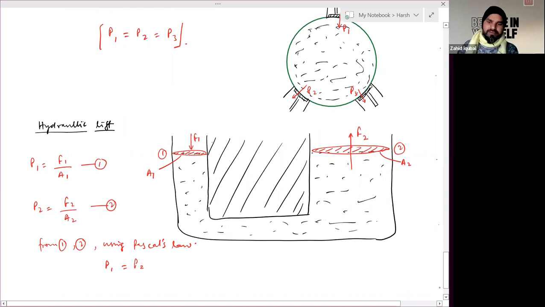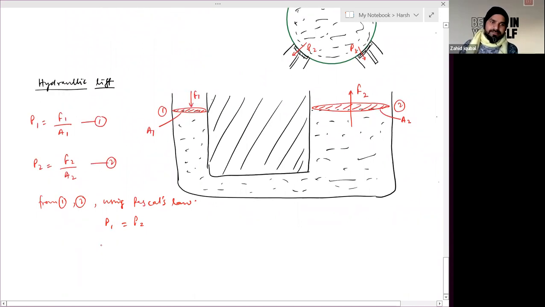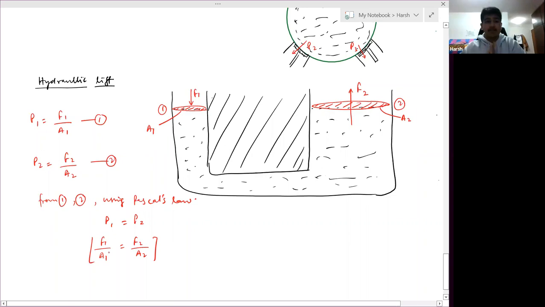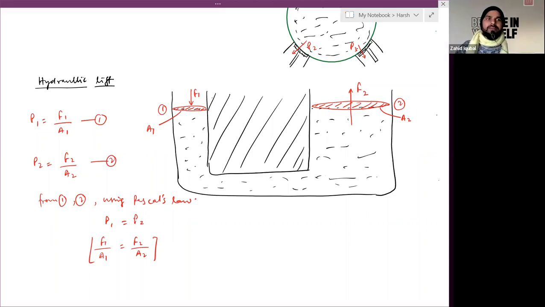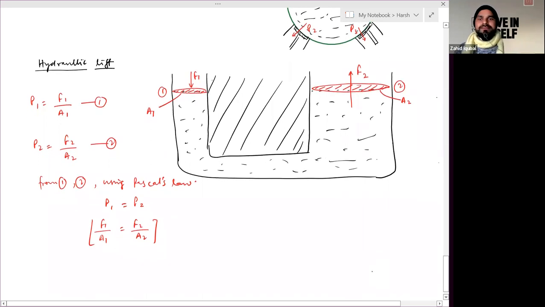On putting the values of P1 and P2 in terms of force and area, we may write F1 divided by A1 is equal to F2 divided by A2. Now, using this instrument, you will be capable of generating a large amount of pressure by applying very small effort on it. Let me define using a question. Just write it down.